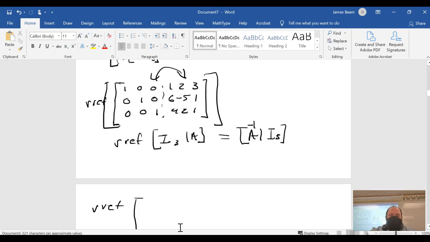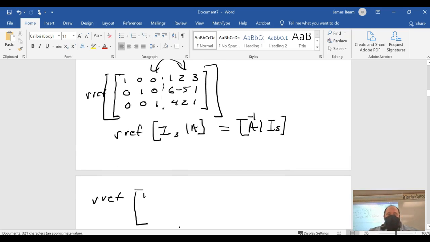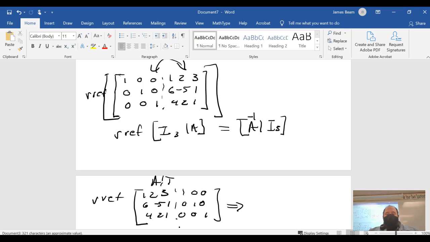If I took the matrix 1, 2, 3, 6, negative 5, 1, 4, 2, 1, and then put the identity over here and RREF that, this is going to go from A identity 3 to identity 3 A inverse.